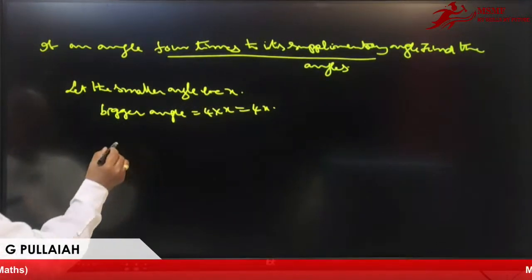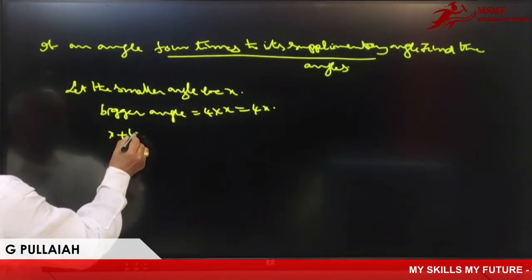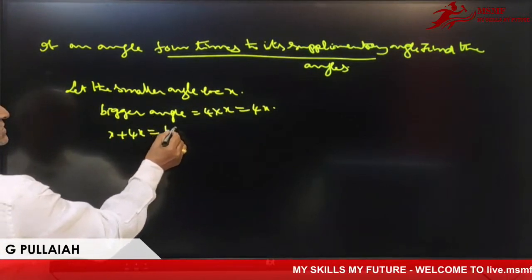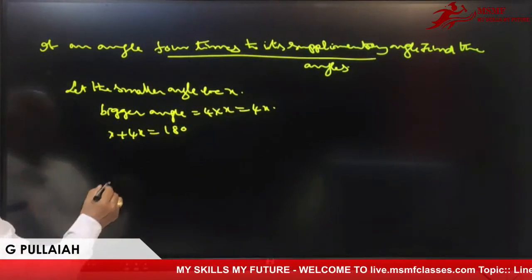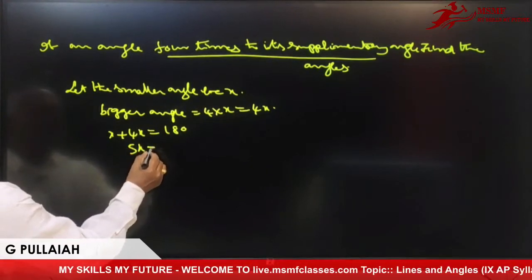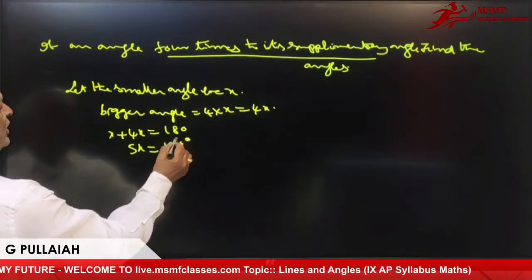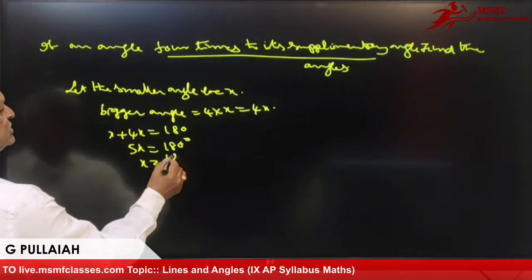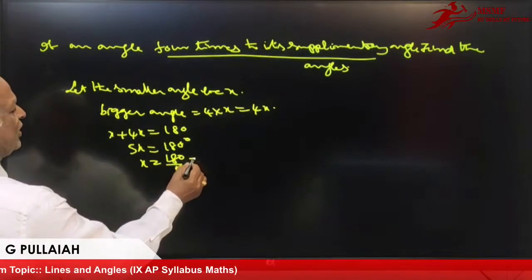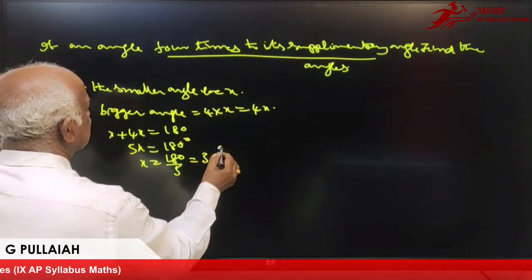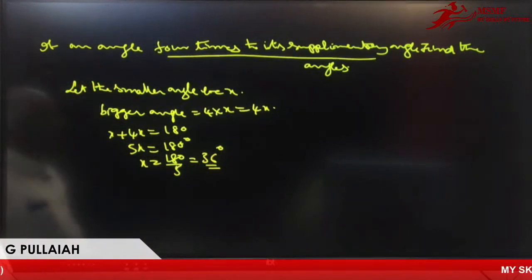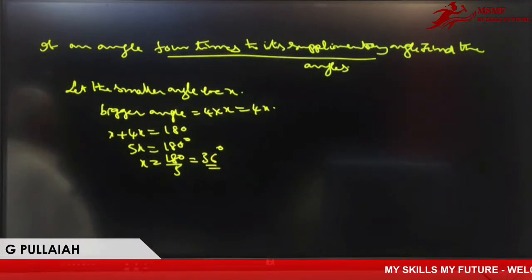I mean here x plus 4x is equal to 180. So 5x is equal to 180 degrees. x is equal to 180 by 5, nothing but x is equal to 36 degrees.